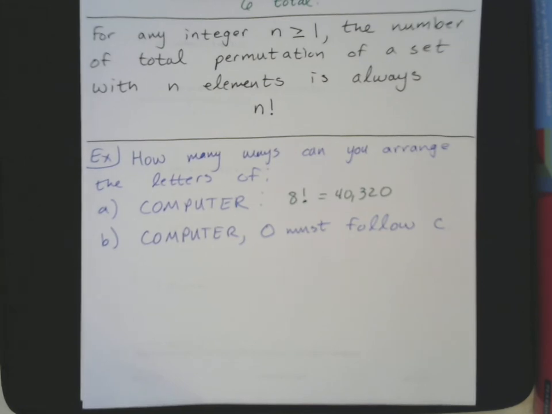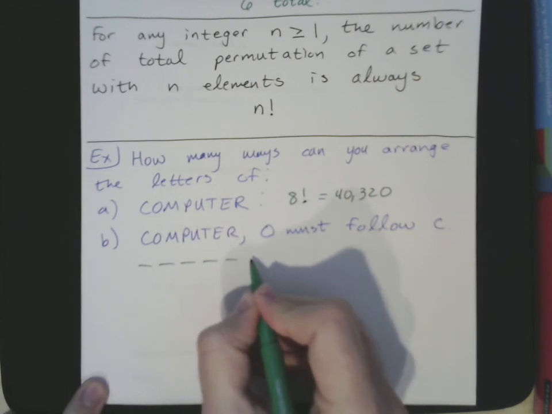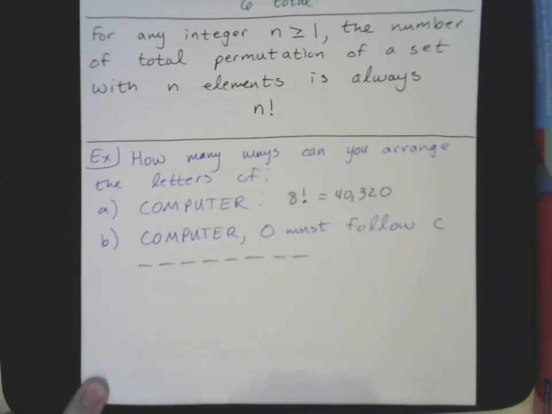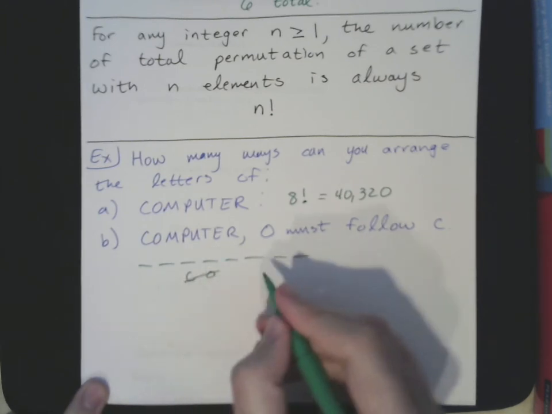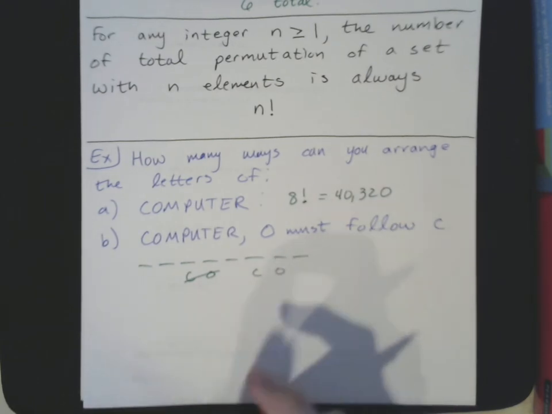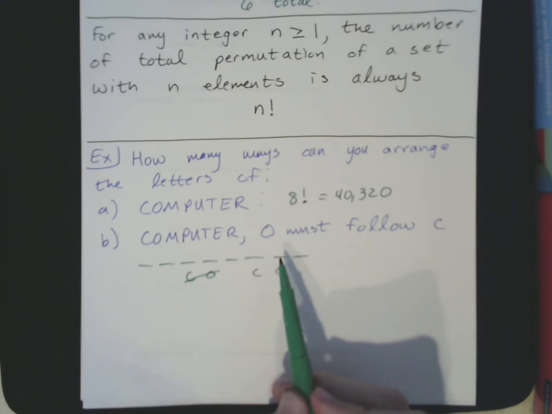Now, part B is where we get a little bit complicated. And the way that we think about this is, since O must always follow C, wherever C lands, your next digit, so we're rearranging 1, 2, 3, 4, 5, 6, 7, 8, 8 digits. If C lands here in our choices, then O has to come here. If C lands here, then O has to come here. So it's not that we have however many choices would be here or here and then another choice.